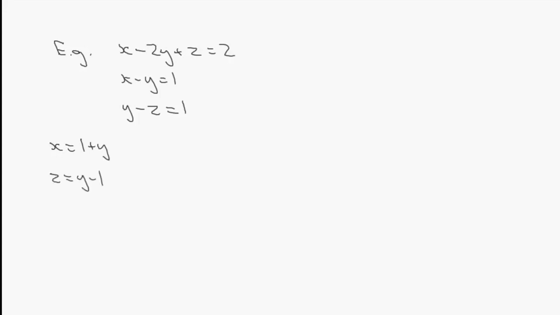So finding these values, we move back to the first equation. 1 plus y minus 2y plus y minus 1 equals 2. We will find out that after simplifying, 0y will be equal to 2.